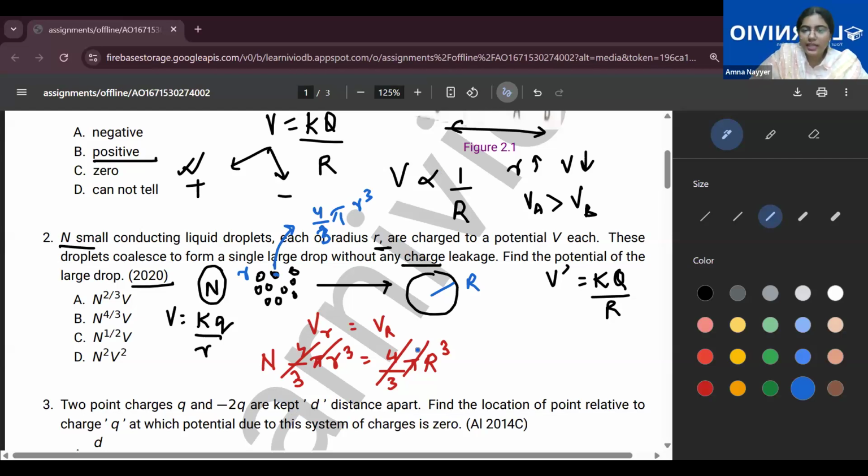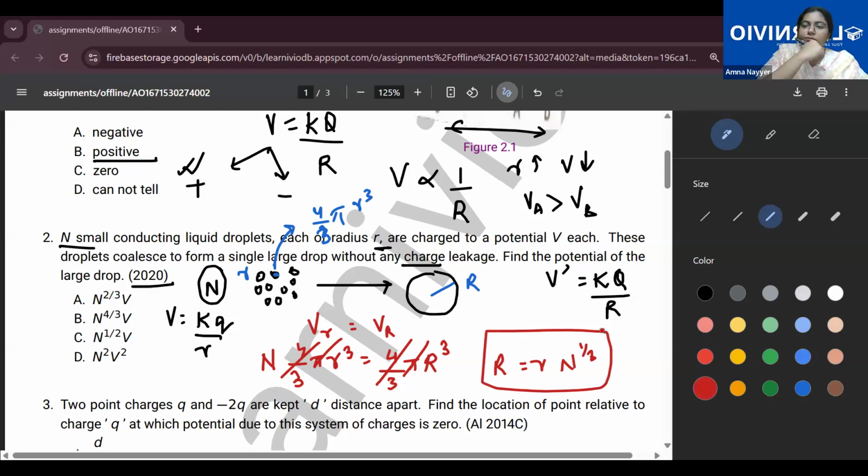We have to write this in terms of the volume, and the potential of the first one is this kq by small r. So from here we can say R cube is equal to r cube n, so R is equal to r n to the power 1 by 3. This relation is clear to all.